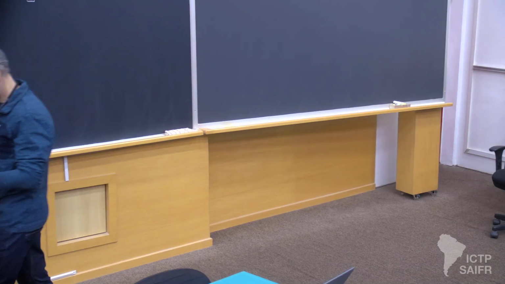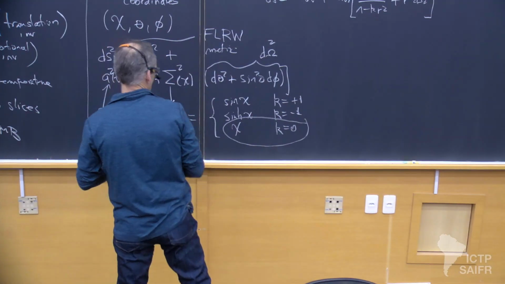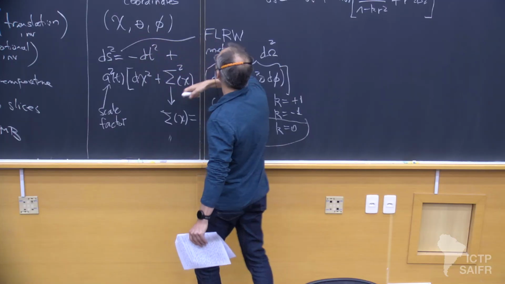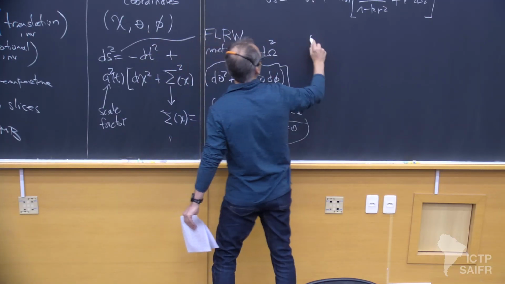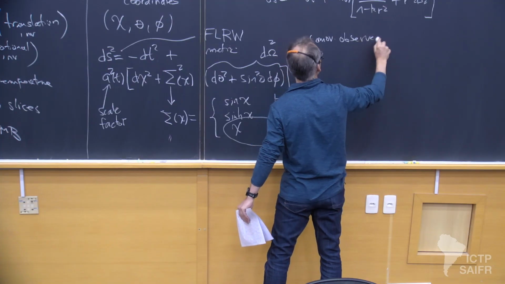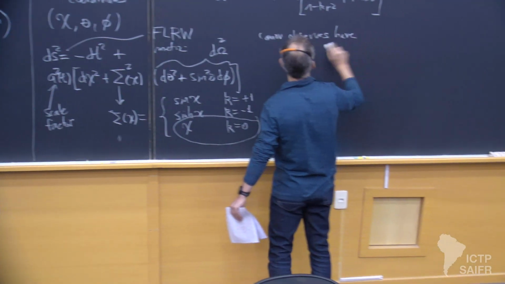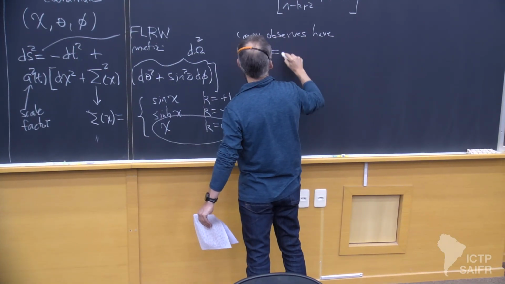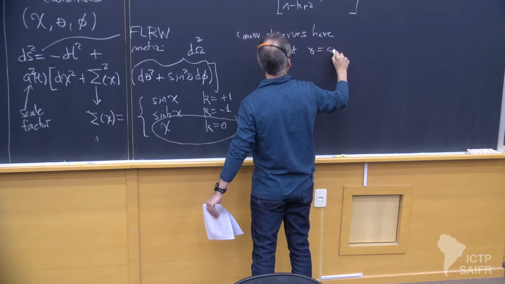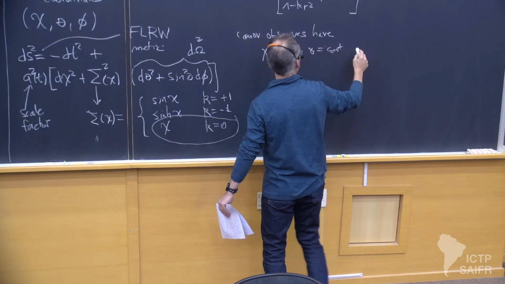And again, comoving observers have constant comoving coordinates in both parametrizations.